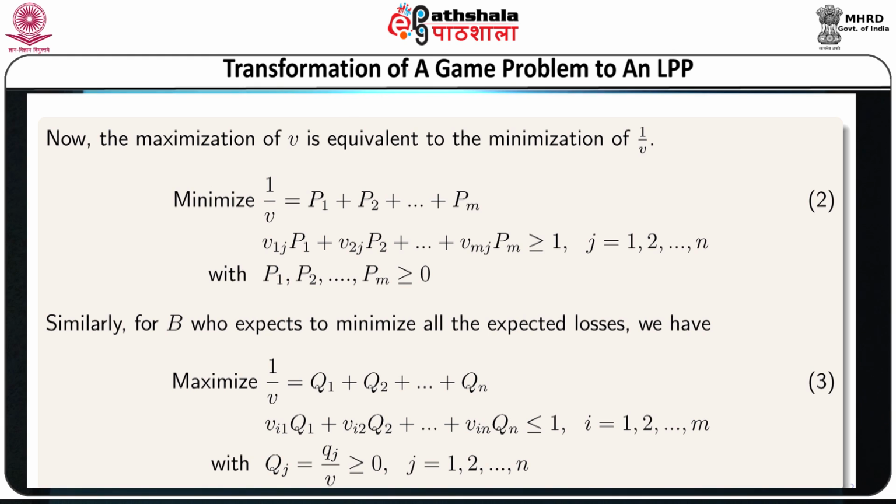So, if I can find the solution of one, then we can readily get the solution of the other. Problem 3 can be solved by the usual simplex method, since it is a maximization problem, whereas problem 2 can be solved by using the dual.